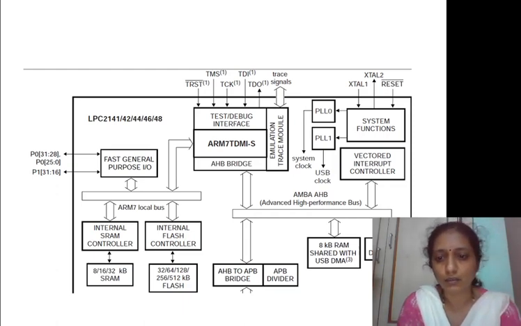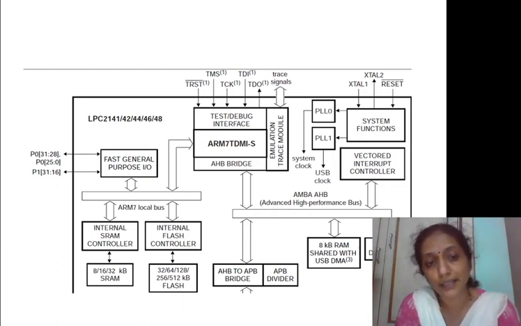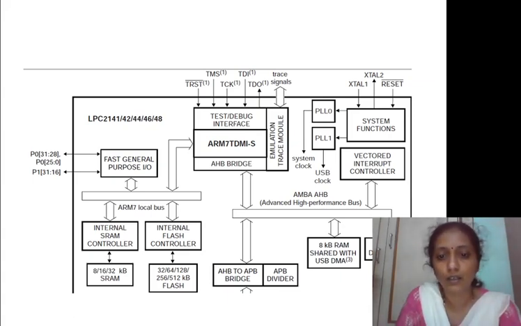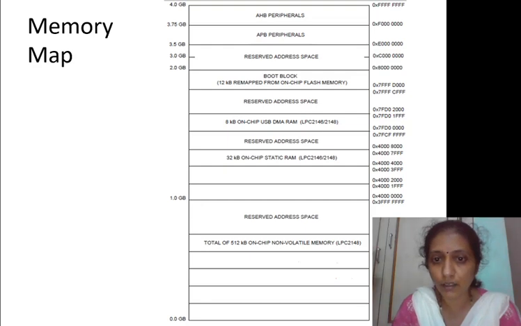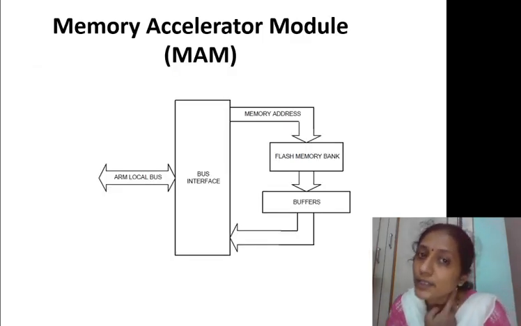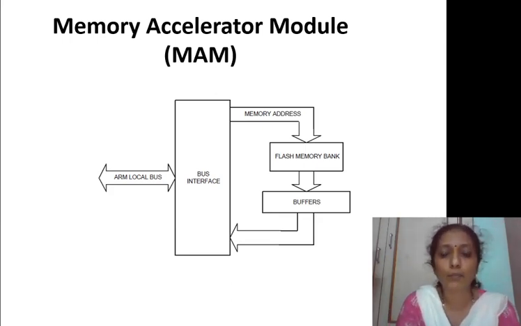So this is the block diagram. The system part of this ARM7 TDMI-S based IC Lpc2148 we have seen. Then we have seen the memory map also in the previous lecture. So we will start with the next one, the memory accelerator module or MAM module.